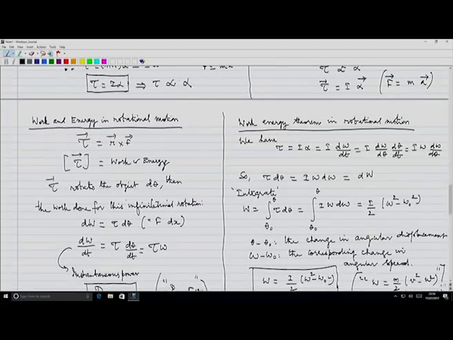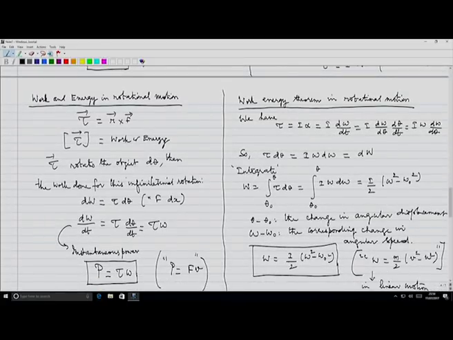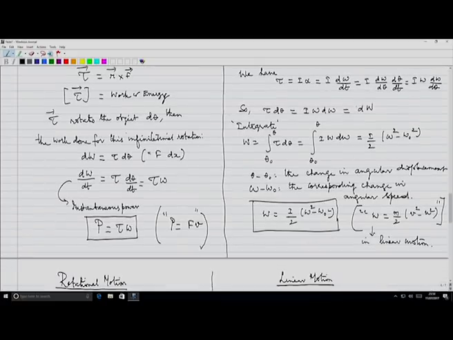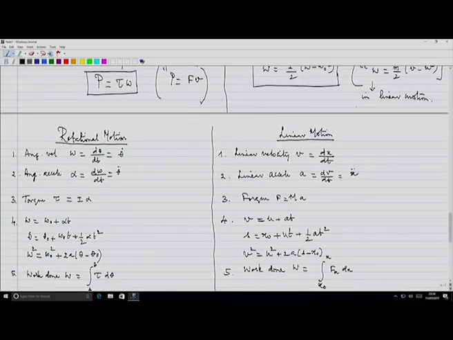Then work and energy in rotational motion. It is fairly simple. If tau is the torque acting on it and it induces a displacement of d theta, then tau d theta, and we can integrate it. So what we have is P is tau times omega. This is the work energy theorem in the case of rotational motion.